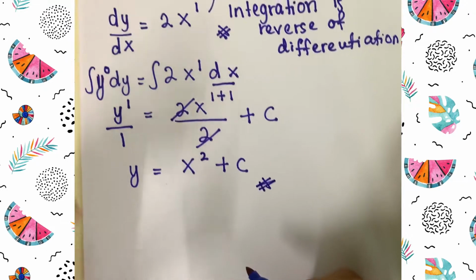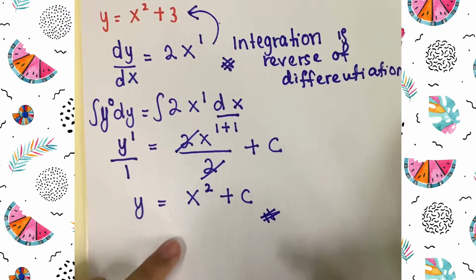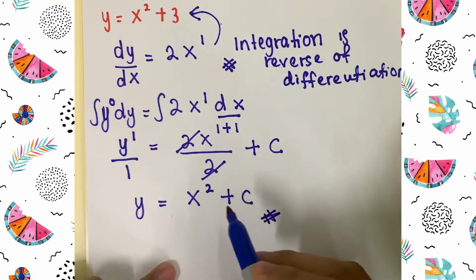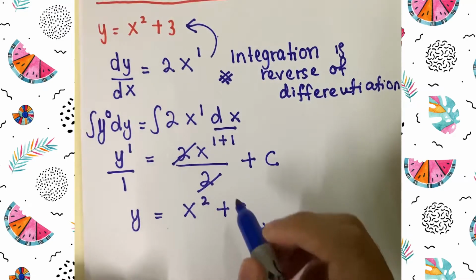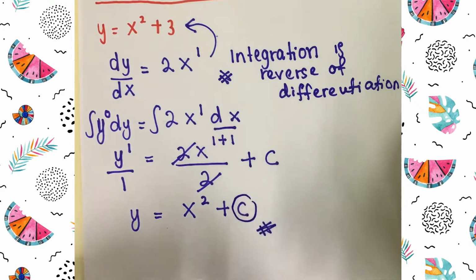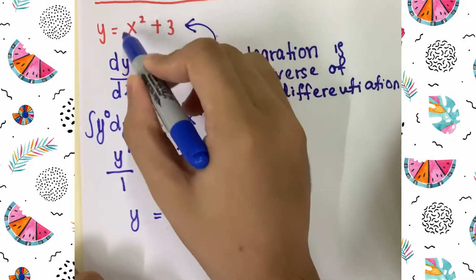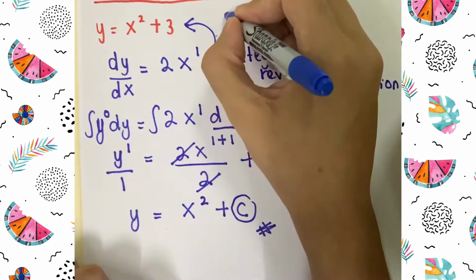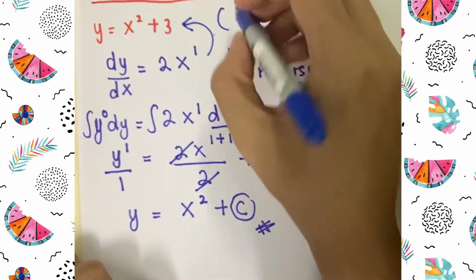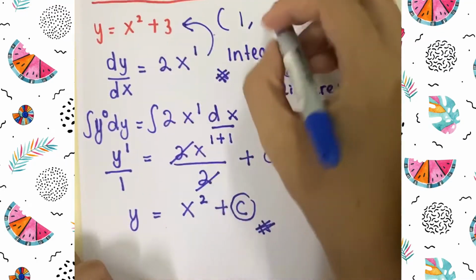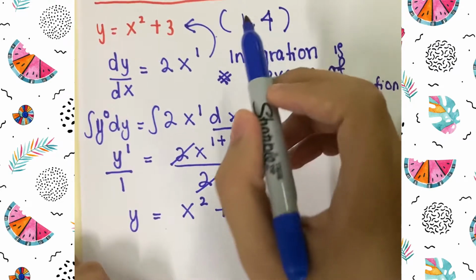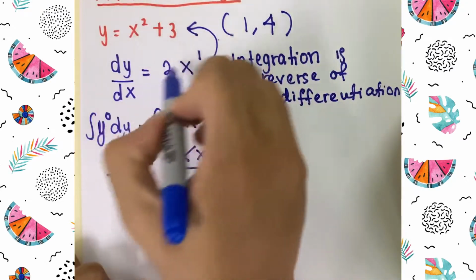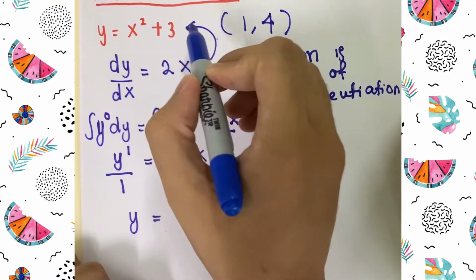But hey, you might say, I get y equals x squared plus c, but this is x squared plus 3. So in order to solve for your c, you have to substitute a coordinate on this graph. So let's say that you have the coordinate 1, 1 plus 3, which is 1 and 4. So 1 and 4 is a point on this graph, y equals x squared plus 3.